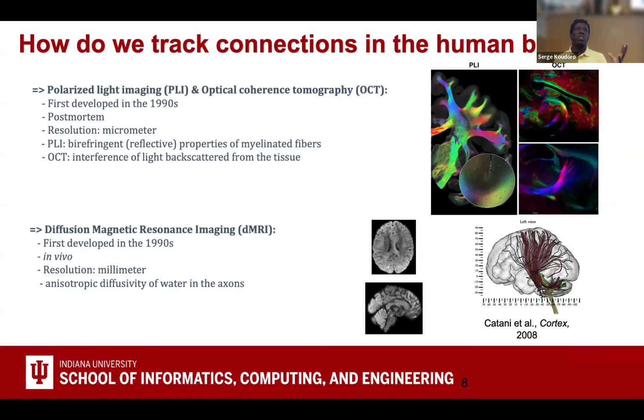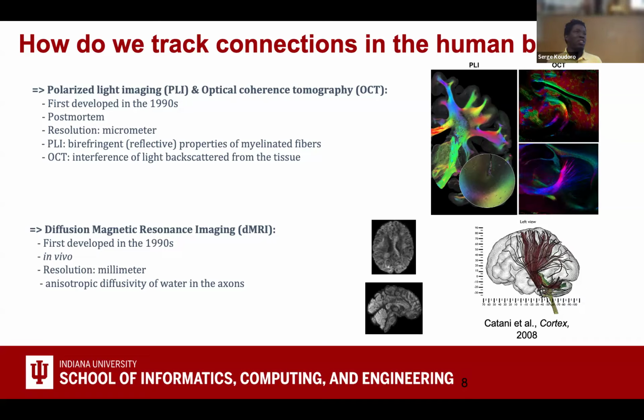To get this connectome, we have multiple techniques today. The first one is polarized light imaging, so PLI. This technique is very simple. You just project light on your tissue, and depending on how the light reflects off your tissue, moving to one side or the other, you will get an idea of the direction of your tissue, because the tissue, especially the myelin, responds to this light, and you will be able to get the tracks of your brain.